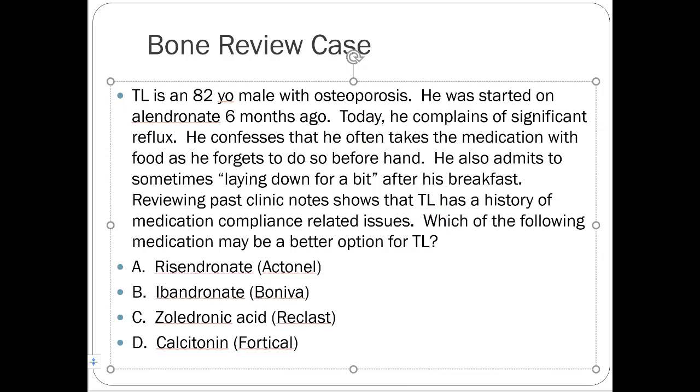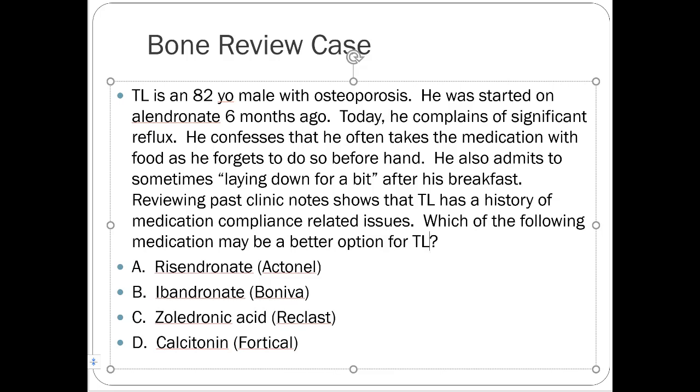So you've got several choices here. Risedronate and ibandronate probably going to carry the same risks with them. They're both oral medications, so you really aren't getting any benefit. Remember, there's not a lot of evidence that shows that one of these drugs is more effective than the other. When you're comparing them all head to head, they're all pretty equally efficacious.